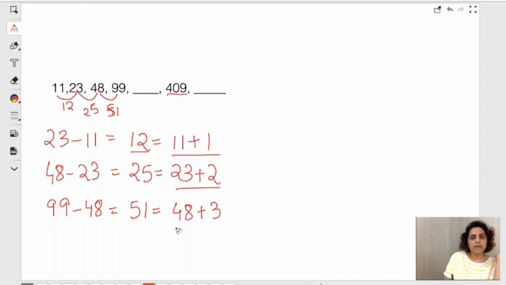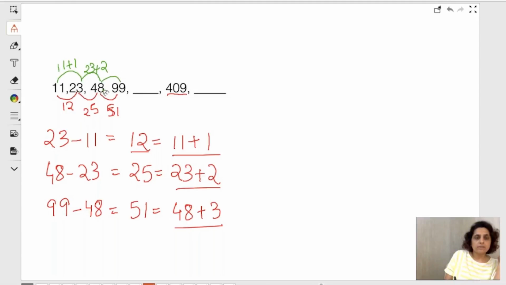So what can we make out by writing it like this? The difference between these two is 11 plus 1, that is 12. Here the difference between these two, we got 23, so it's like 23 plus 2.